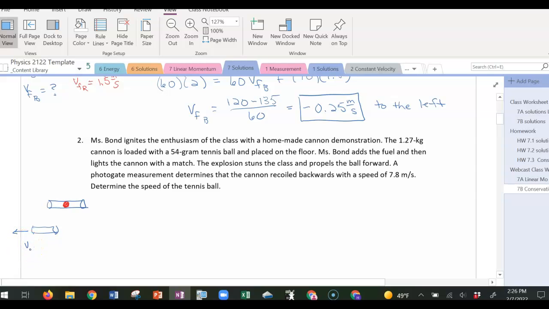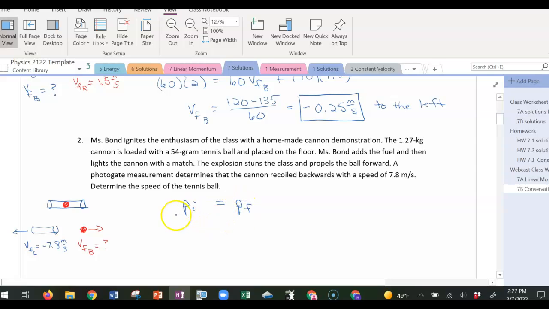So the velocity final of the cannon was negative 7.8 meters per second, and the tennis ball moved to the right, and I don't know that speed, so the final speed of the ball is a question mark. Okay, so let's see what we have here. I know that momentum is conserved. So the momentum in the initial situation should equal the momentum in the final situation.